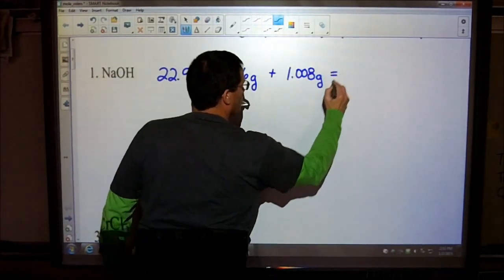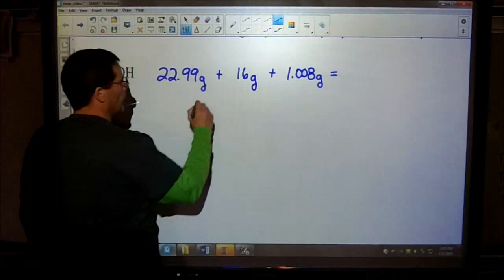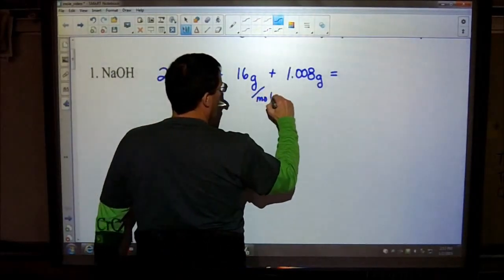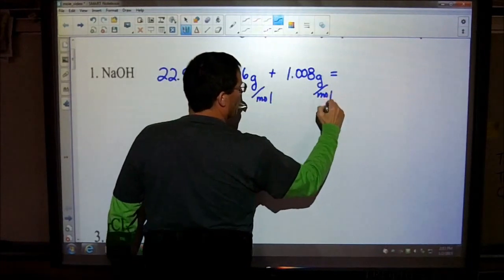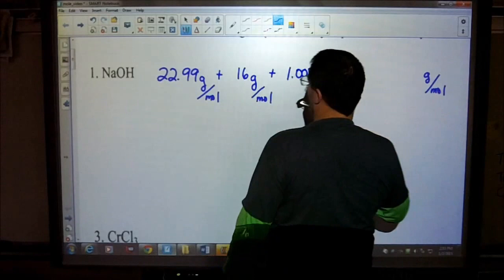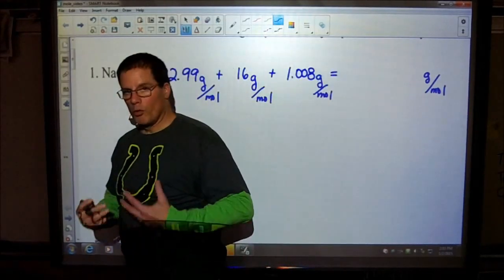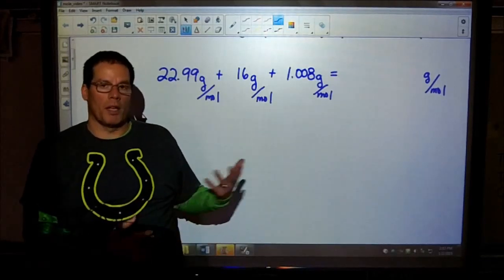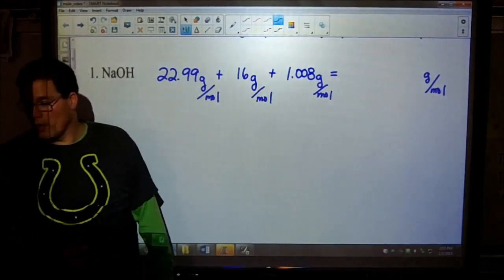What these units technically are is grams per mole, but I generally don't show that until the very last step. And it's okay if you don't either, because normally we'll be using that mole unit in some other part of the equation. Not today, but later on we will. Actually, we will use it today.